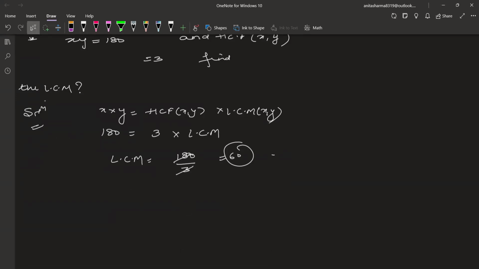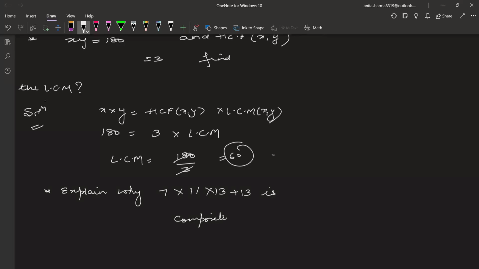Sometimes they can ask you to explain why 7 into 11 into 13 plus 13 is a composite number.